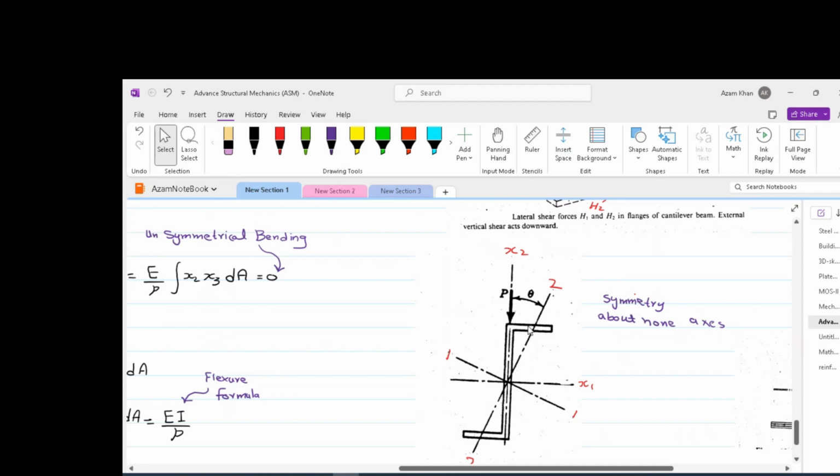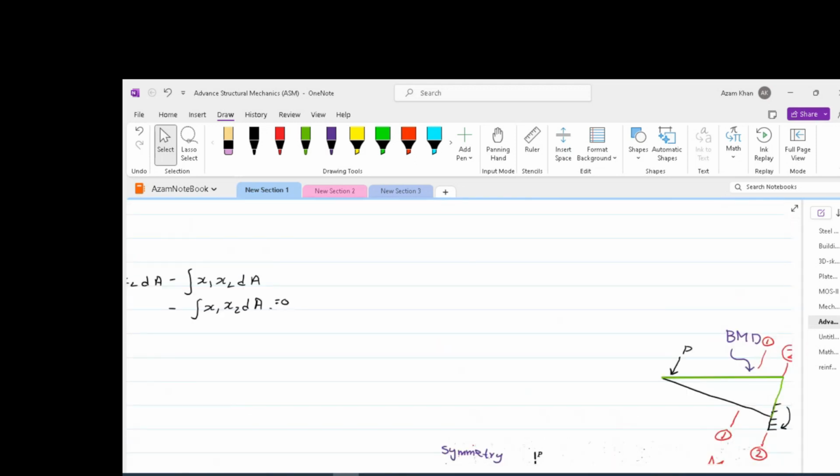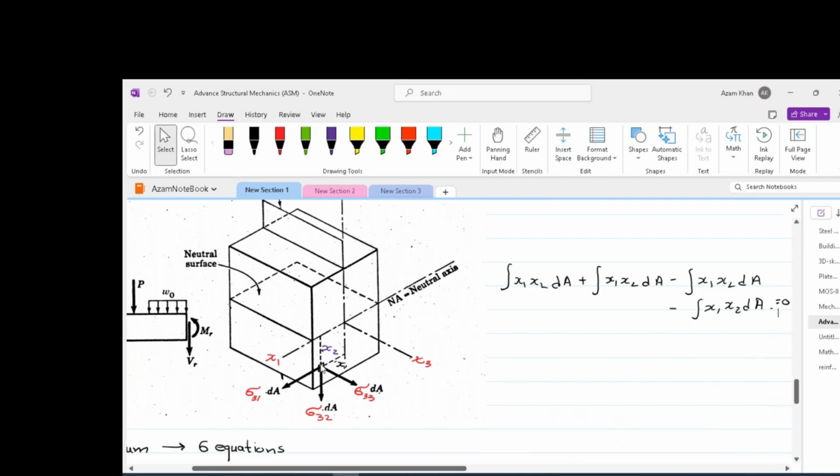So if we take a small element over here in this quadrant, do we have another small element in the opposite quadrant which can cancel out? The answer is no. In the case of the rectangular section, we had an element which we could take regardless of any quadrant.